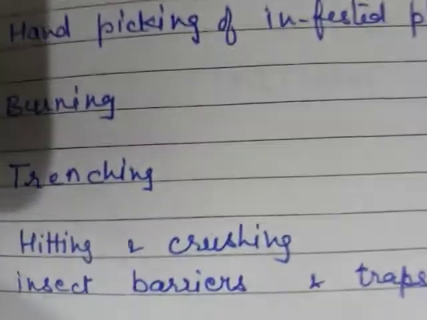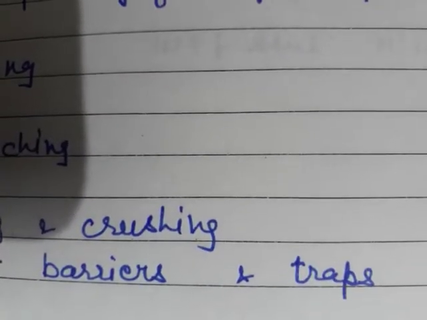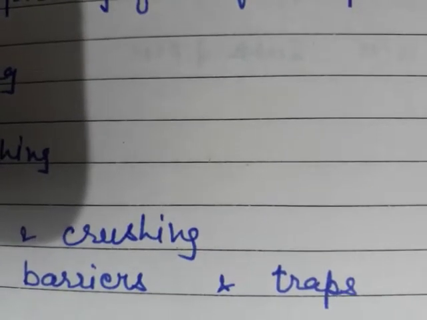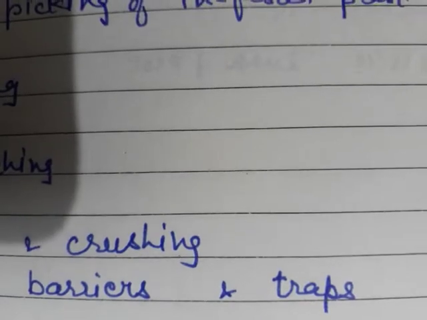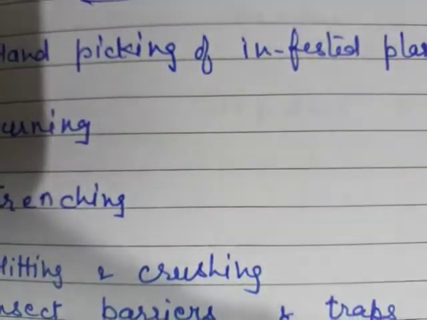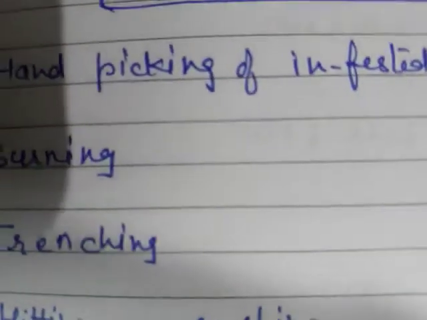Insect barriers and traps. Several mechanical means are employed to act as barrier to insect movement. Sticky materials in which insects become hopelessly entangled have been used. Tar, lime, kerosene are used as insect barriers.